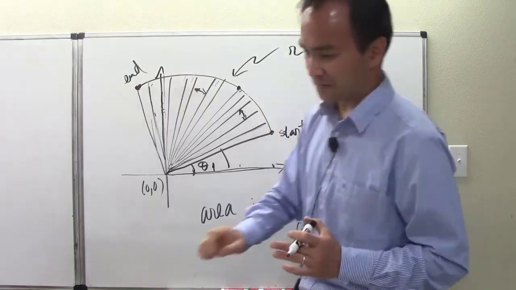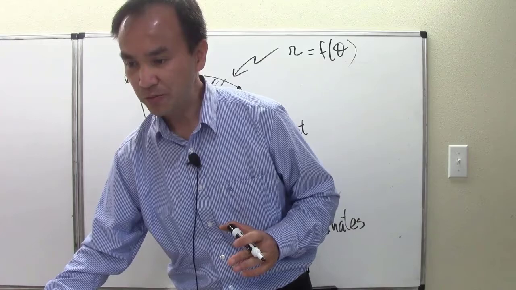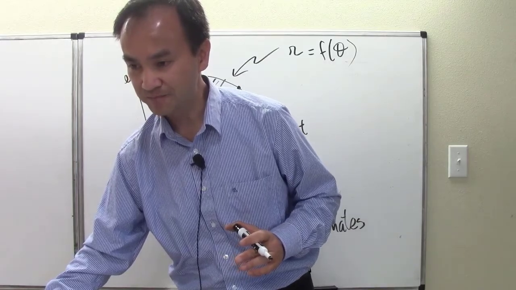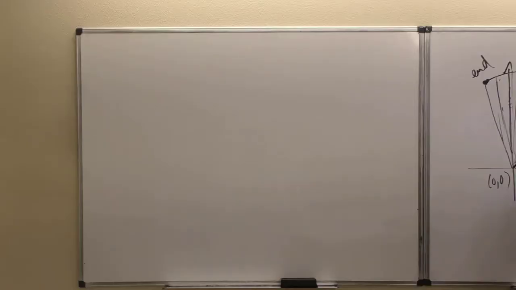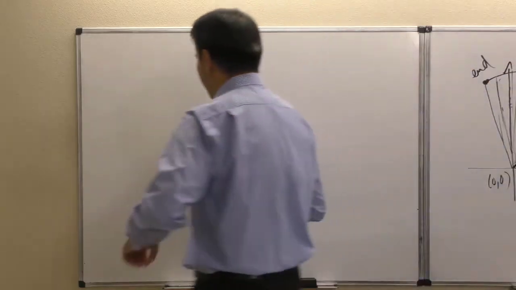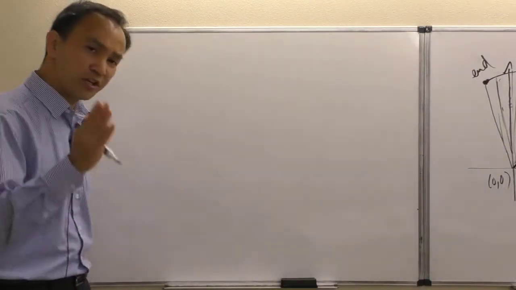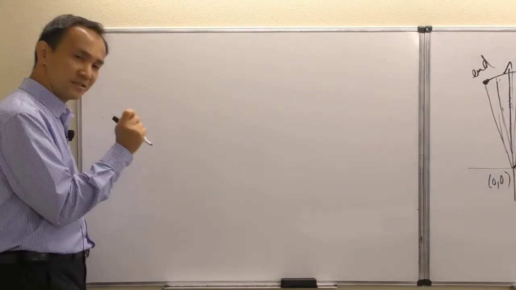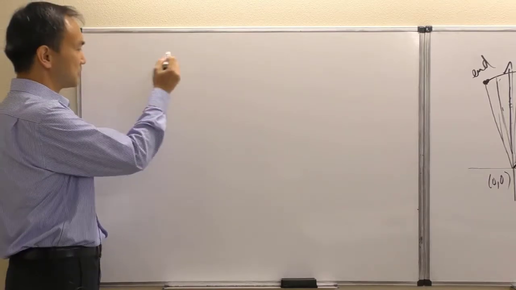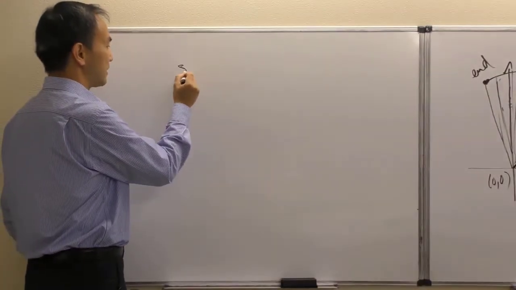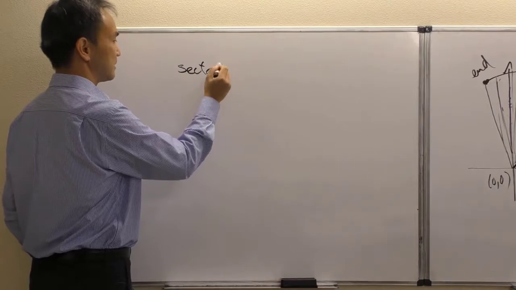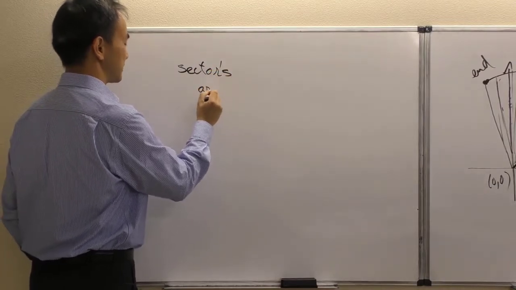Now, allow me to briefly remind about the concept. We're accumulating all the area of the little sectors, so now I'm going to say how to get the sector areas.